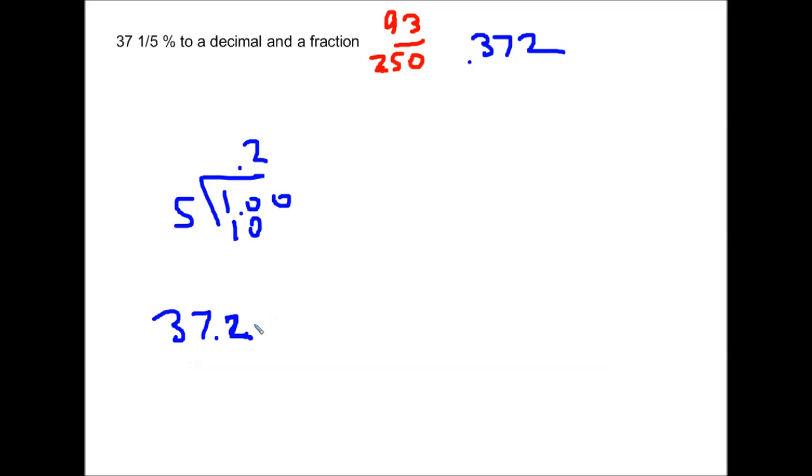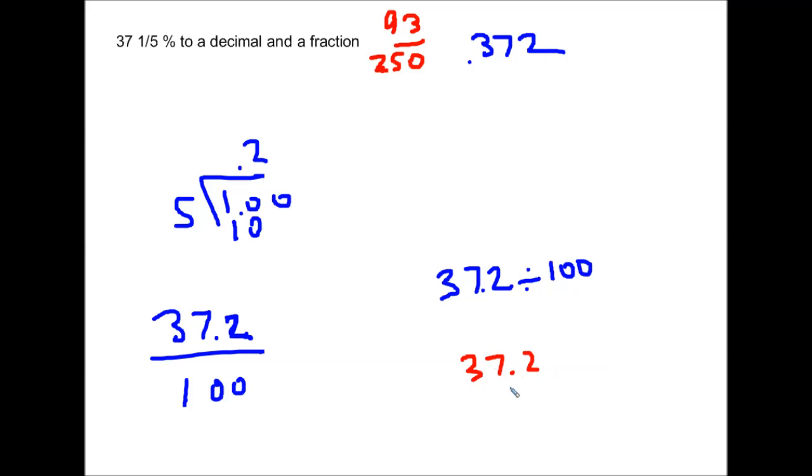So my decimal is going to be 37.2 over 100, which is 37.2 divided by 100, which means I just take the decimal point in 37.2 and move it 2 digits to the left, because there are 2 zeros in 100, and we're going to the left because we're getting smaller because we're dividing, and I get 0.372.